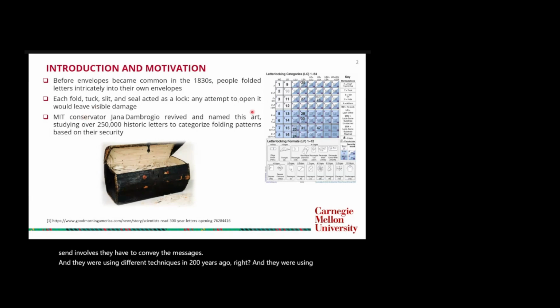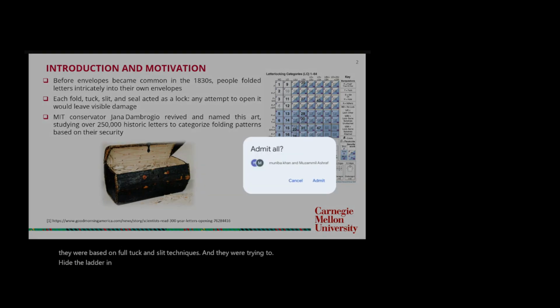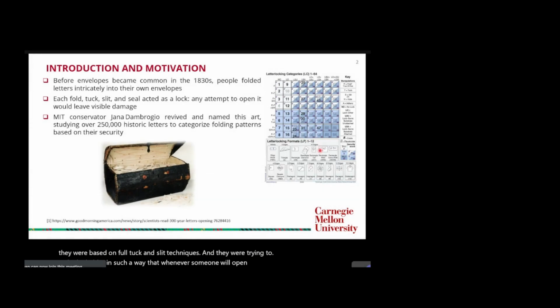For example, in this table, one researcher analyzed letters from the 1800s, and he discovered that there were multiple techniques based on fold, tuck and slit techniques, and they were trying to hide the letter in such a way that whenever someone opened it, they would tear the letter, the paper, and the message would be destroyed.